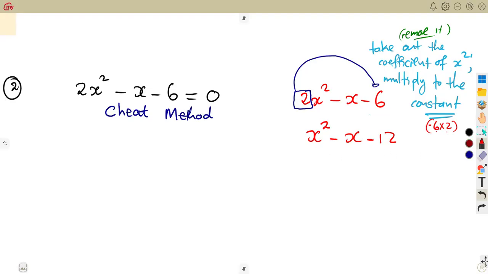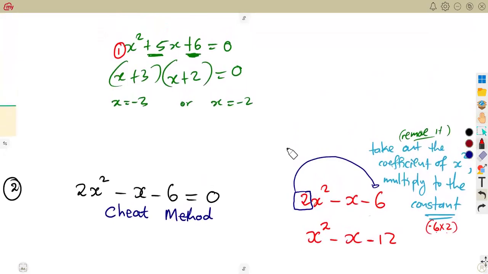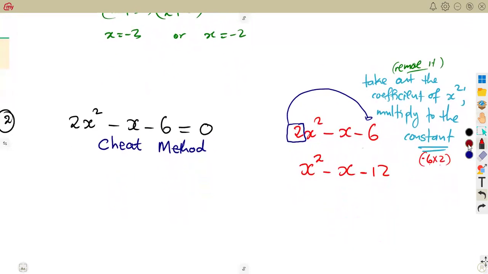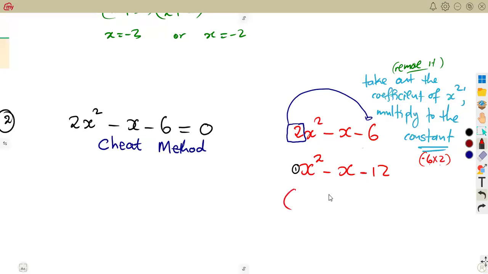As we can see, we are back to this situation of having the coefficient of x squared as a 1. This is what we wanted, so that we can easily factorize this. It makes us easily factorize, having two brackets where we simply put our x here and our x here.